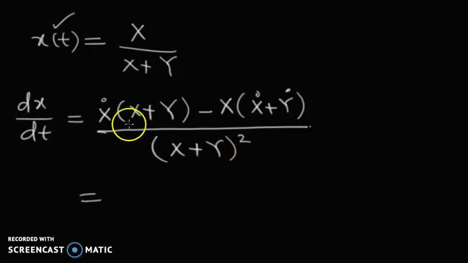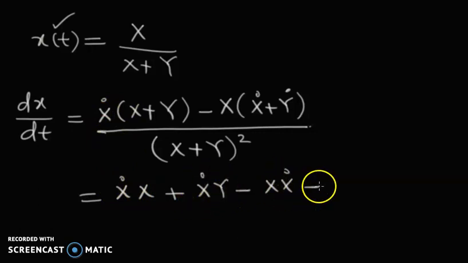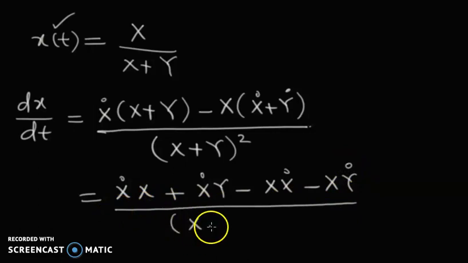So that is going to be equal to x dot times x plus x dot times y minus x x dot minus x y dot, divided by x plus y whole squared, and this is going to be the dynamics of small x.